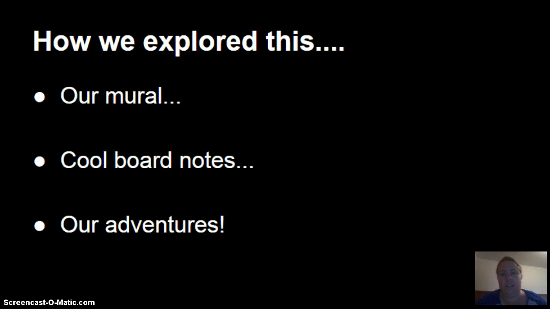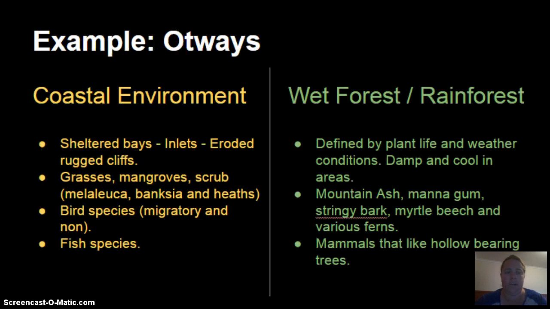So all of those things can help you determine and remember. So if you're like me and visual, try and remember circumstances that we were in and what were we looking at the time. But because the Otways was the last thing that we've done, I'm going to keep sticking with the Otways. I'm going to use the Otways as my example.